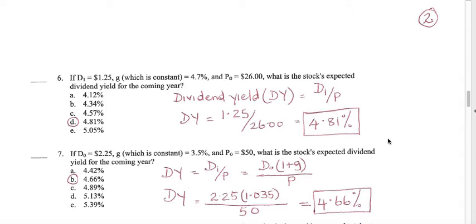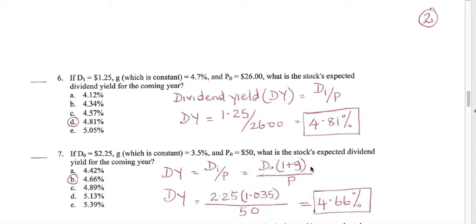Remember, the yield is always a percent. In number 7, on the other hand, notice you're given D0. That dividend has already been paid. It's $2.25. g is 3.5%, and the price of the stock is $50. And you're asked, what is the stock's expected dividend yield for the coming year? Take note, once again, you're given D0, not D1.